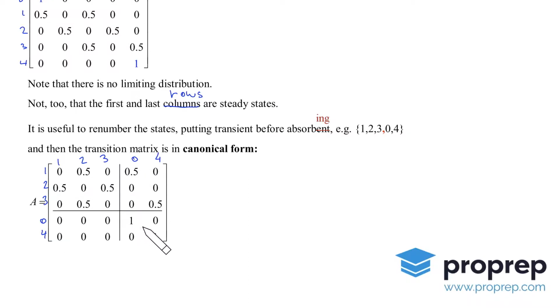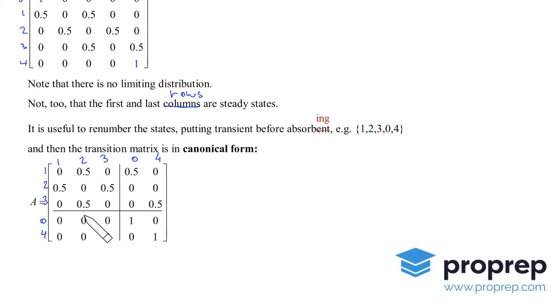And we see the 1s here on the diagonal. That's because we're going from an absorbing state to an absorbing state. It has to go to itself, so we get 1s here. The 0s here are because we can't go from an absorbing state anywhere. We can't go to a transient state, so these will all be 0s.